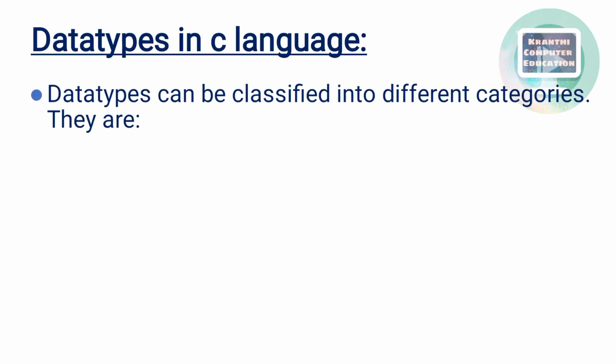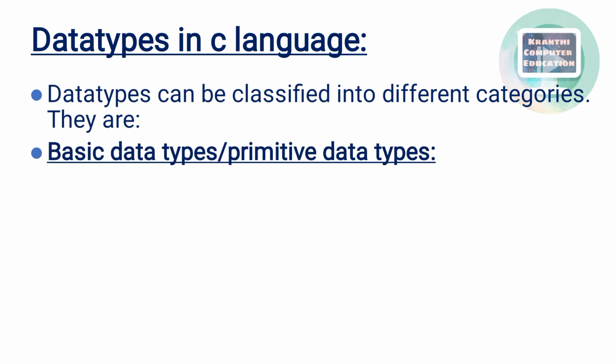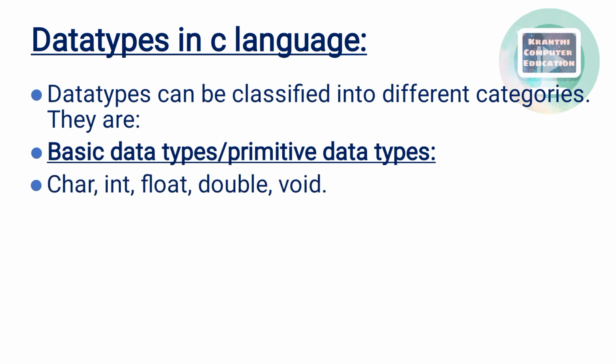Data types can be classified into different categories. Here, data types are divided into three types. Let's see what the three types are. Number one, basic data types or primitive data types. We have char, int, float, double, and void. These five data types come under primitive data types in C language.